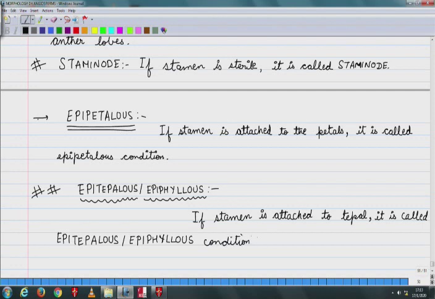And what is tepal? Tepal equals petal plus sepal fused together.